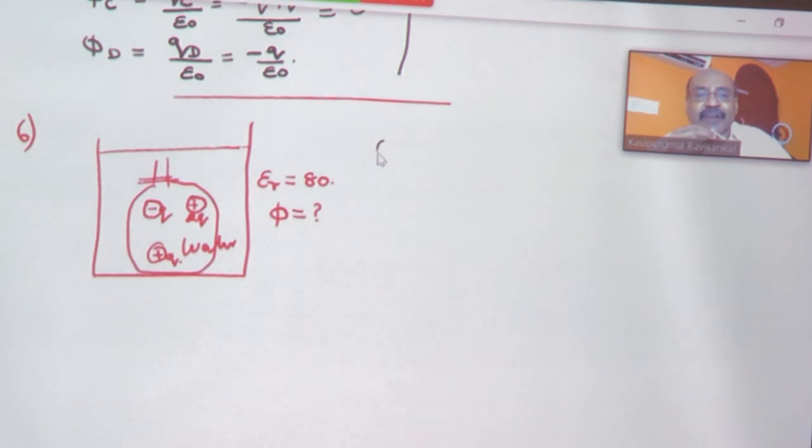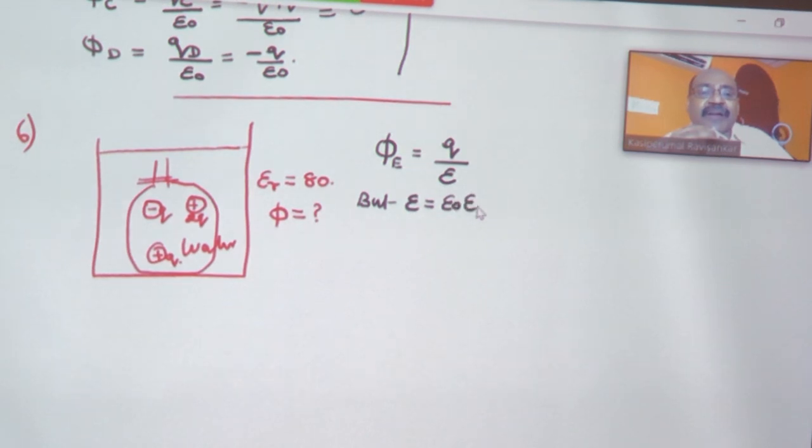We know that the electrical flux, phi E, is equal to Q divided by epsilon 0 if it is air. But it is some other medium, so I am writing it as epsilon. We know that the permittivity of the medium epsilon is equal to epsilon 0 into epsilon r.